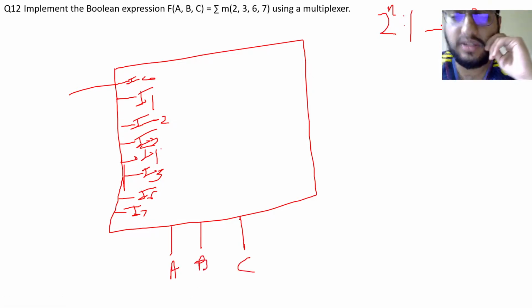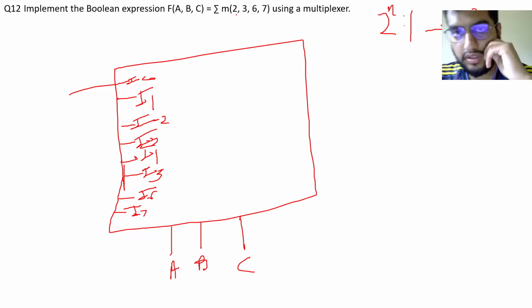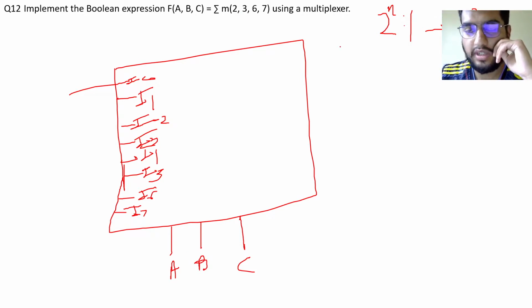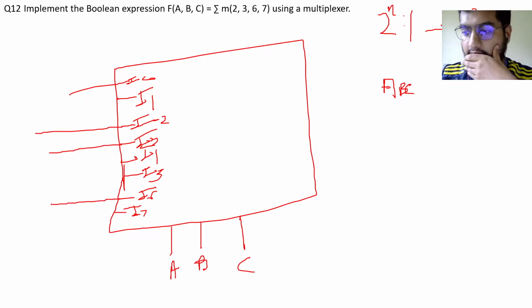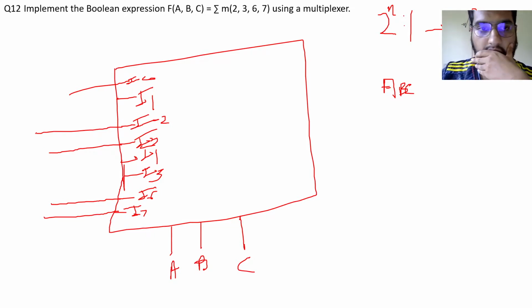This function is equal to 1 for the minterms 2, 3, 6, 7. So input 2 will be connected to 1, 3 will be connected to 1, 6 will be connected to 1, and 7 will also be connected to 1.